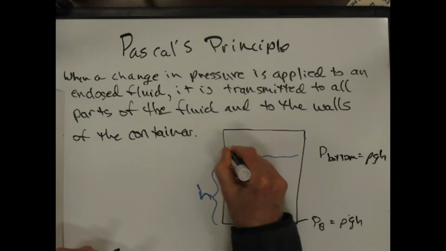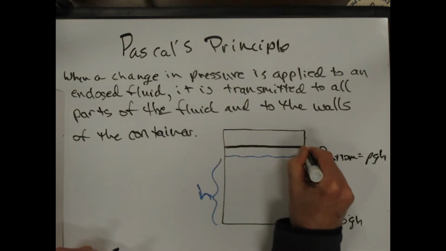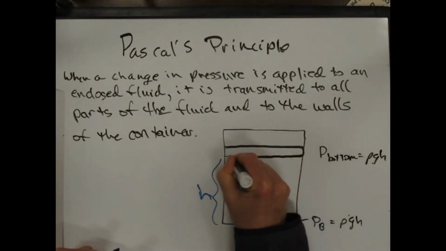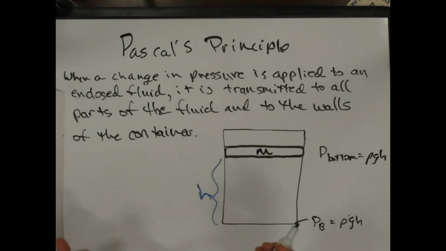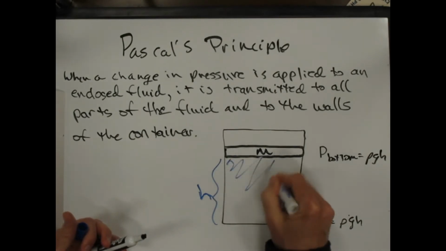And now we can say, well, what if we put a piston above this thing that's just got a certain mass M? And so now it's just sitting on top of the fluid.